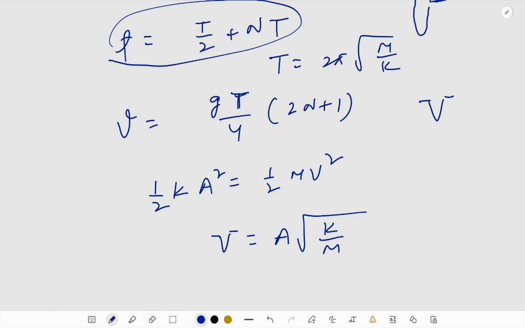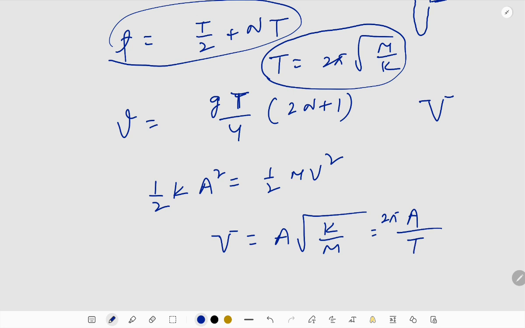But k or m are not given, so we can use this, and we can find here under root k by m equal to 1 by T. So we can write here 2 pi by T. This is omega, and this is 2 pi by T. So V equals omega A, and omega is 2 pi by T into A. We don't need this whole thing.